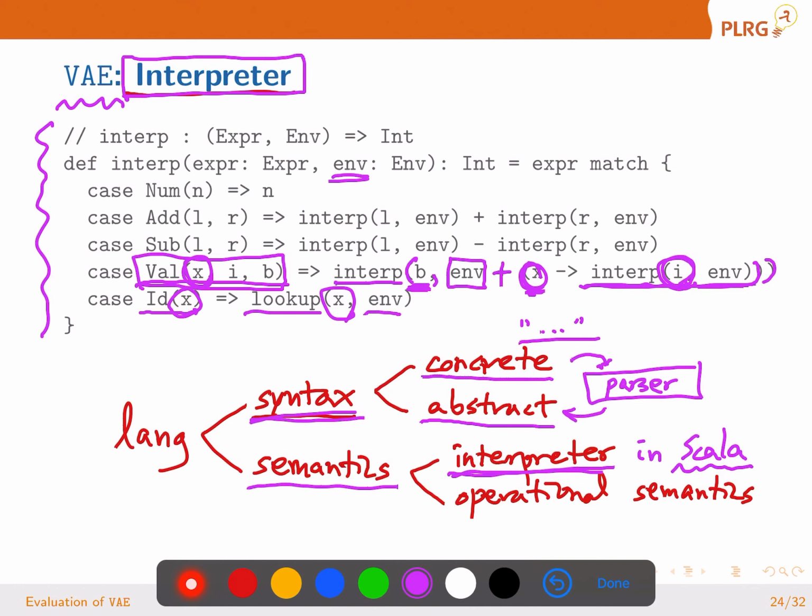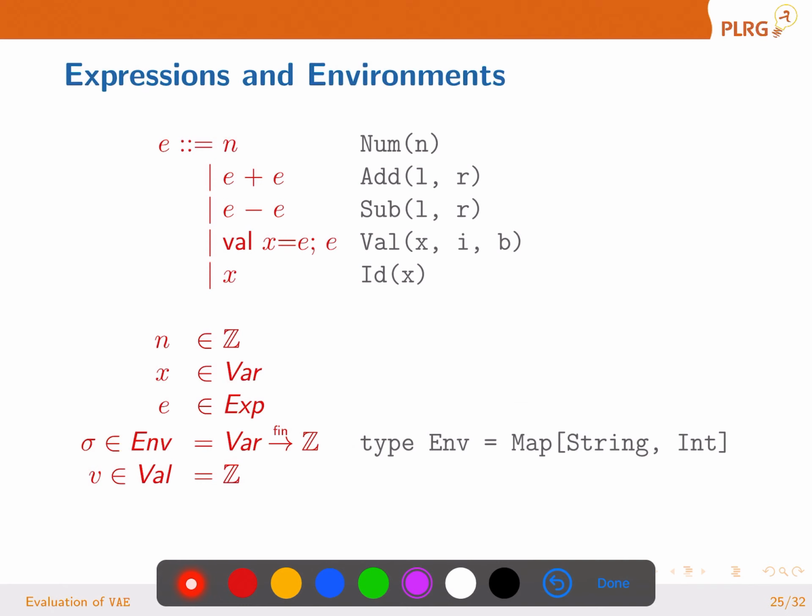And now we are going to describe what we've been talking about in Scala in operational semantics. Do you see that? Yay! Operational semantics, pretty mathematics in Greek letters, expressions and environments.